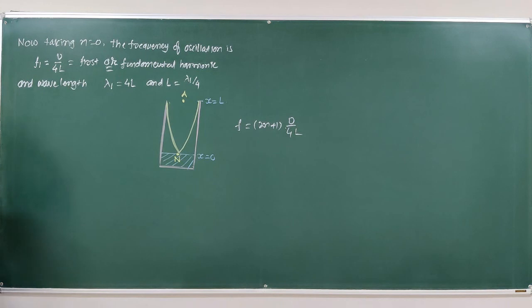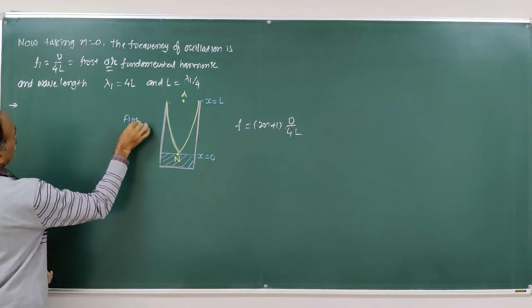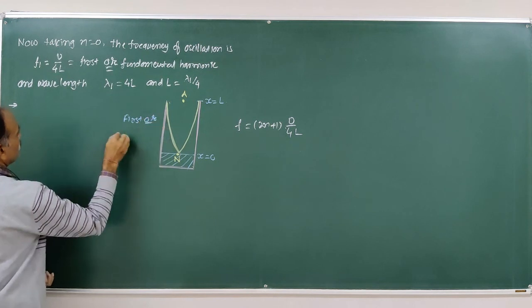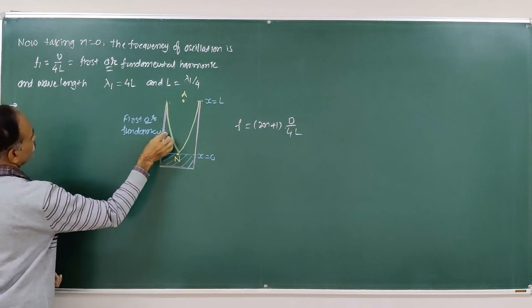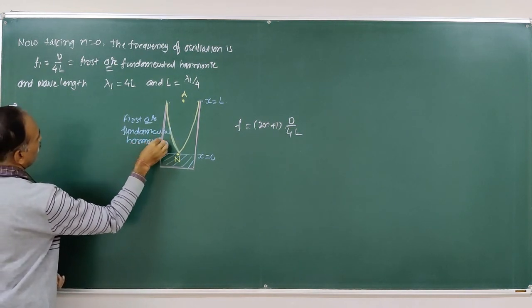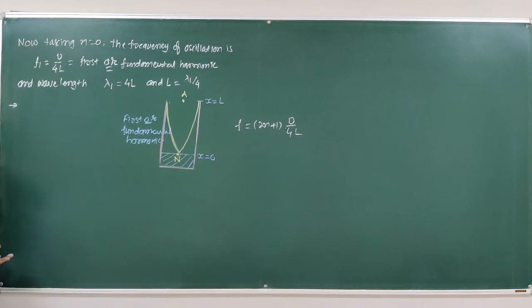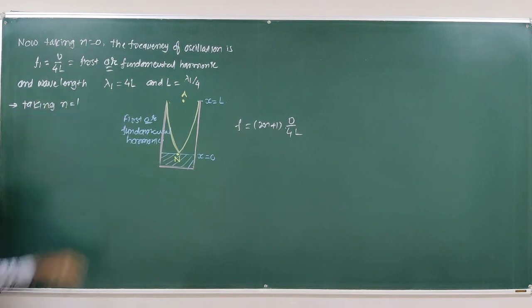Now, for n is equal to 1, taking n equal to 1, what happens?